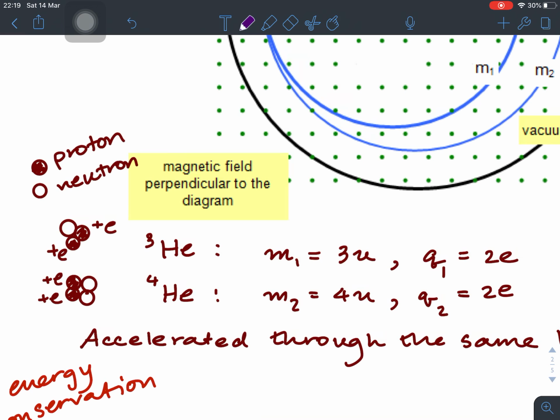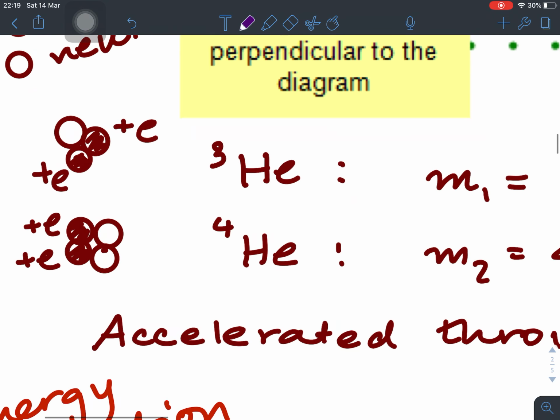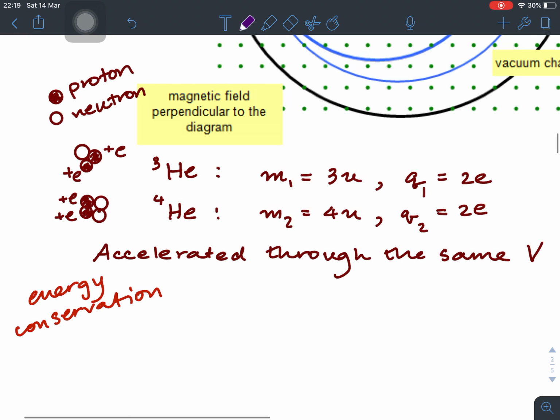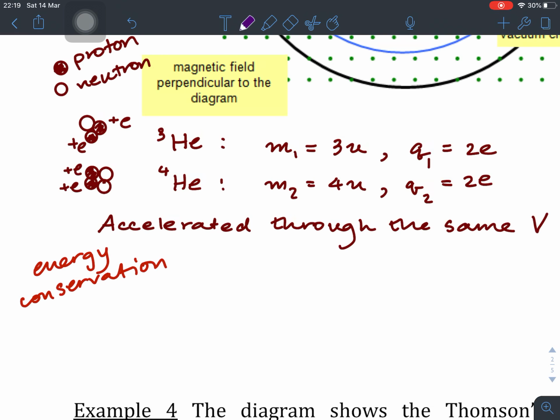Then we bring both helium-3 and helium-4 to be accelerated through the same potential. With the acceleration, we use the principle of energy conservation, so that the potential energy that we use to accelerate the nuclei will be equal to the kinetic energy. That will give you QV for the potential energy, and K for the kinetic energy.